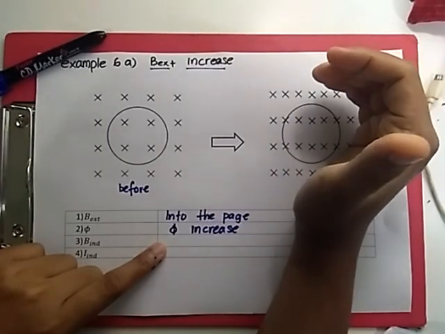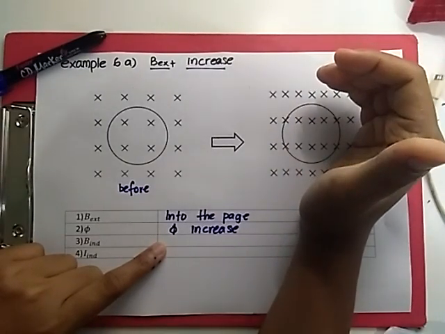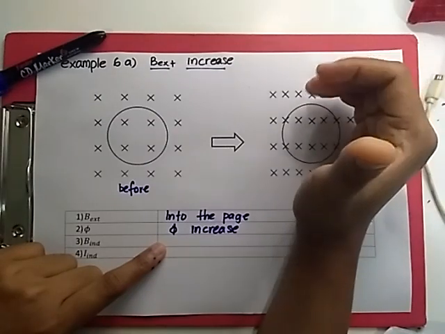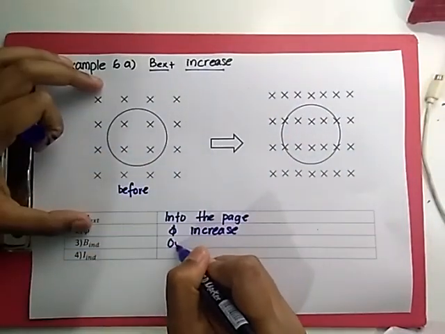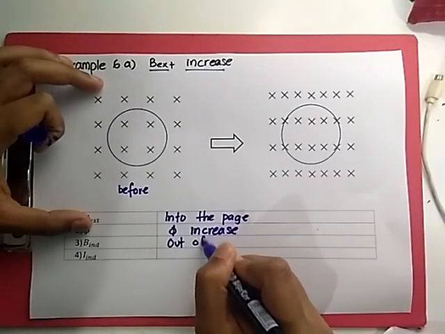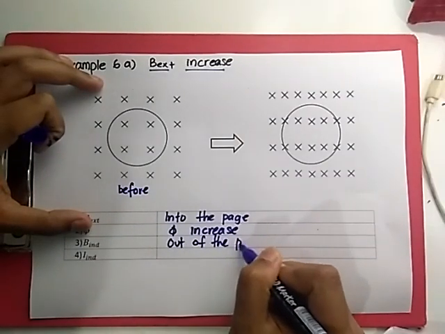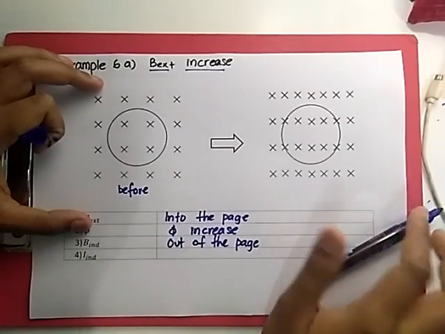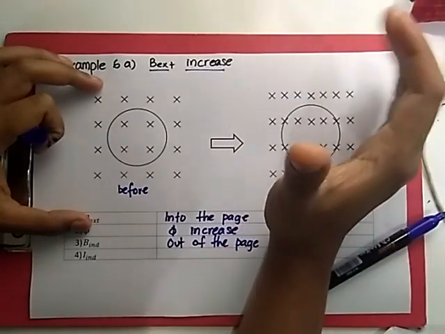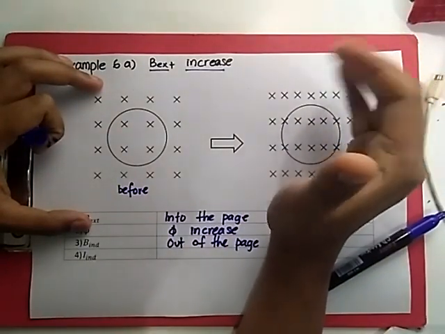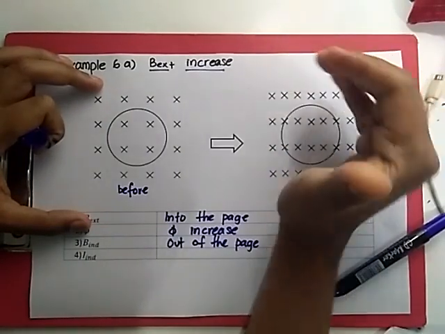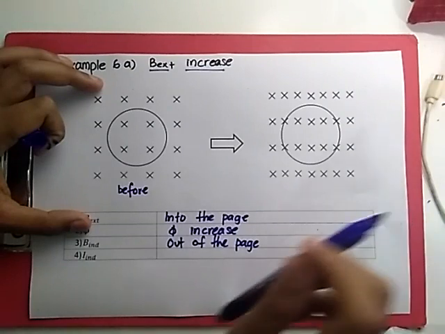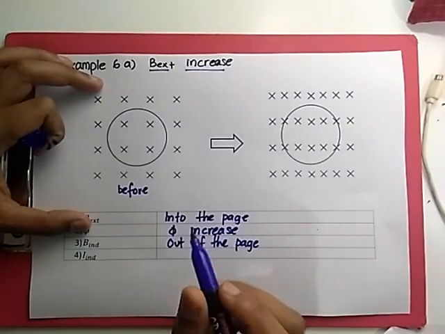So, the induced magnetic field is out of the page. And the current can be determined by looking at our fingers. So, dalam kes ini, the fingers is anti-clockwise.